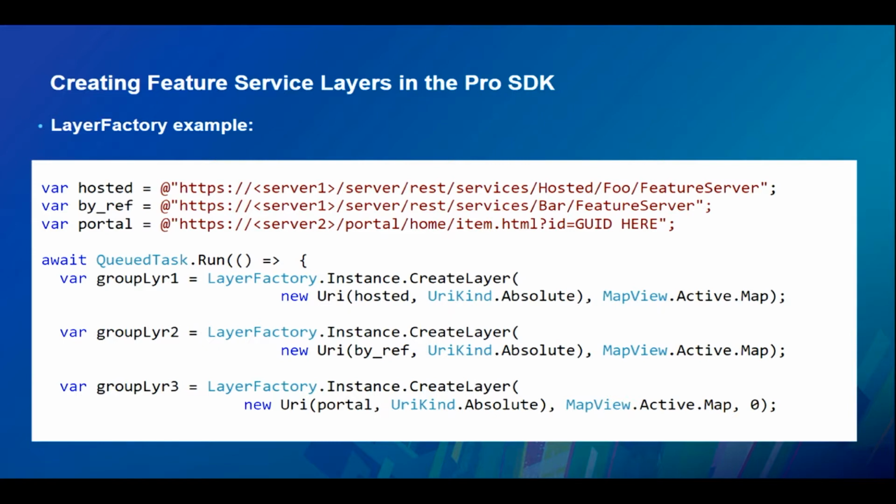All right, so on each of the three calls to create layer with each of those URIs, it's going to return back to me a group layer. The only difference syntactically about the bottom one is I'm specifying that it be added to the top, with that index, that 0 at the end there.